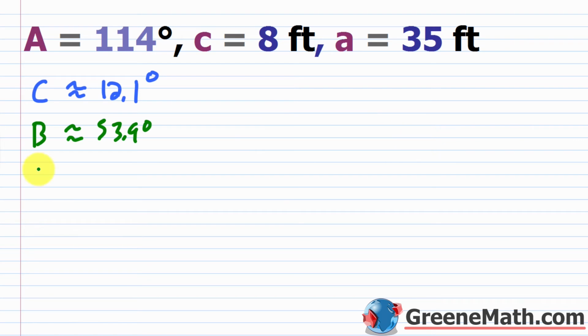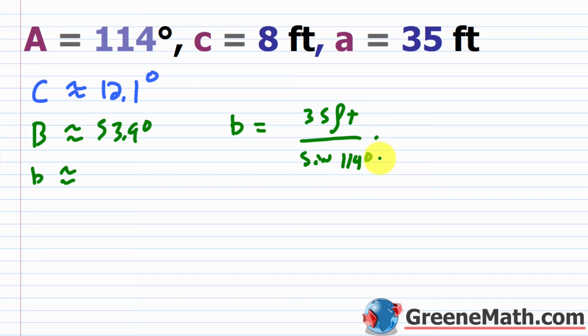And lastly, we just need this lowercase b, or this side measure. Again, I'm going to use the information I'm given. So I'm given A and then A here. Since I want lowercase b, I'll say b is approximately this 35 feet over the sine of 114 degrees, so A over the sine of A, and I'm going to multiply this by the sine of B, so the sine of 53.9 degrees.